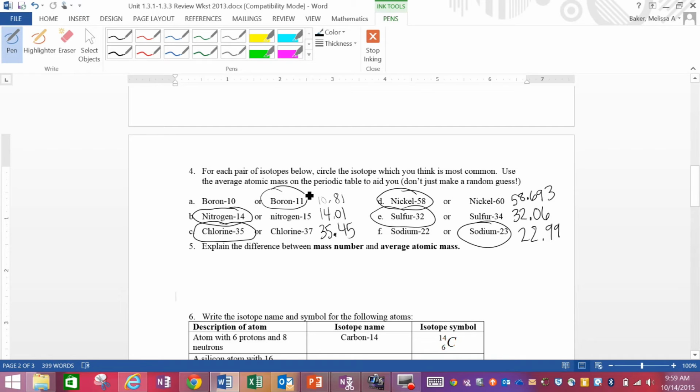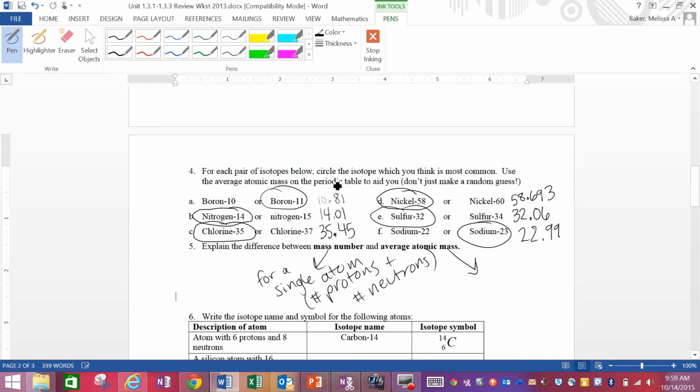Next, explain the difference between mass number and the average atomic mass. Mass number is for a single atom. It's the number of protons plus the number of neutrons.